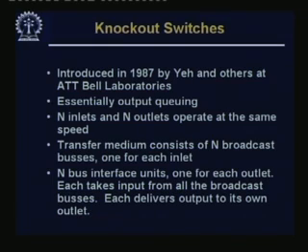That queue is associated with the output port. That is what we mean by output queuing. So, n inlets and n outlets operate at the same speed. The transfer medium consists of n broadcast buses, one for each inlet, and n bus interface units, one for each outlet. Each takes input from all the broadcast buses, and each delivers output to its own outlet.